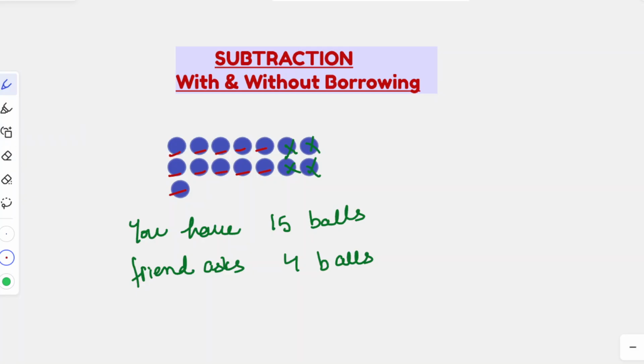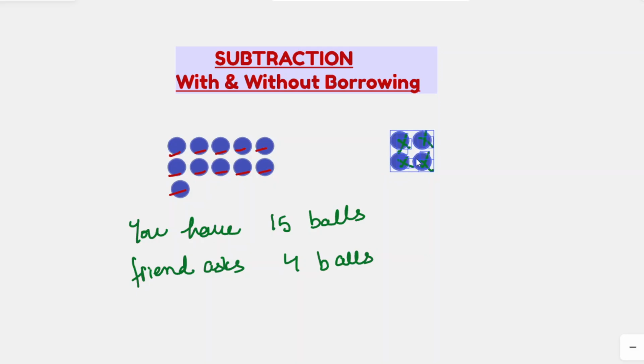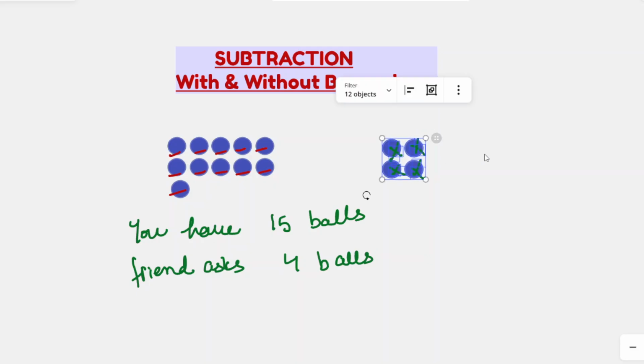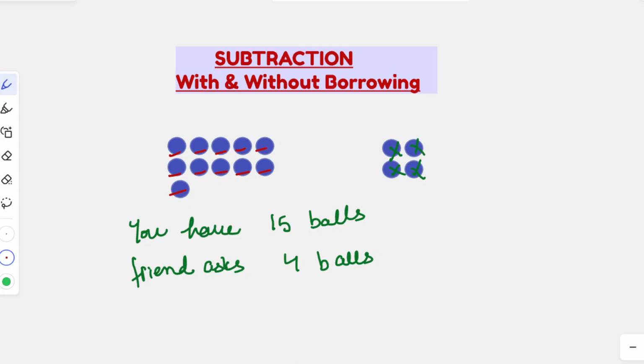So what we'll do, we will separate this, okay, for your better understanding. We don't actually do it like this, but just for a clear understanding we are doing it like this. So we are left with 11 balls because you have given away these 4 balls.